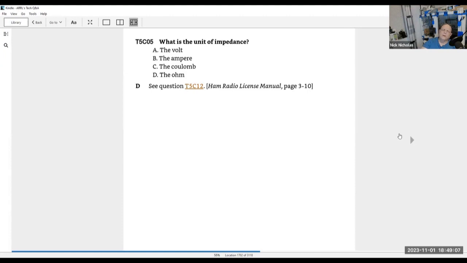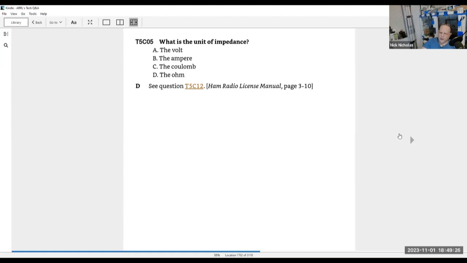All of those units, inductive reactance, capacitive reactance, and resistance, are in ohms. So you add the squares of them together, and then take the square root.